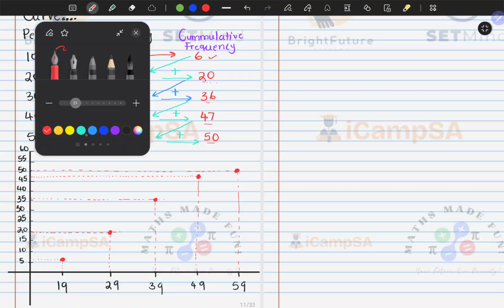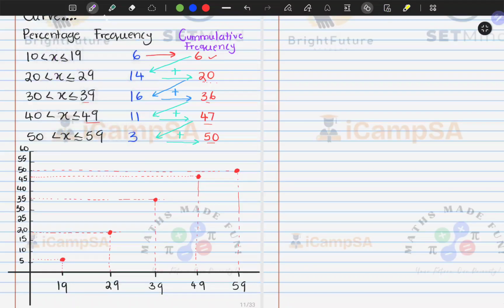So now we can go ahead and quickly connect our graph, our curve. So straight line between these 2 points, straight line between these 2 points. Right, and then let's go to the next one.